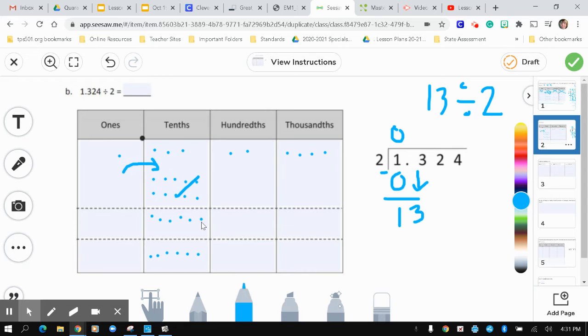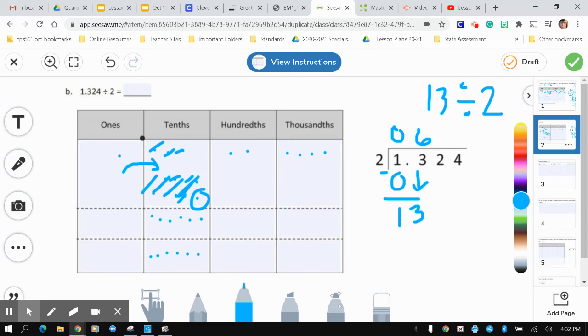So I was able to get rid of all but one of those. All of them but this one right here did not get divided. So when I divided them equally, there were 6 in a group, which makes sense because 6 times 2 is 12, but 6 times 7 would be 14.